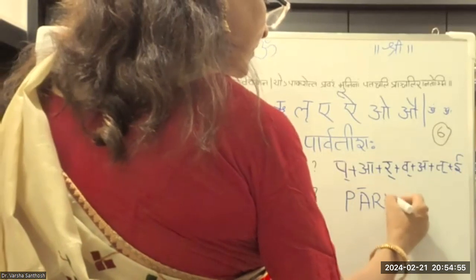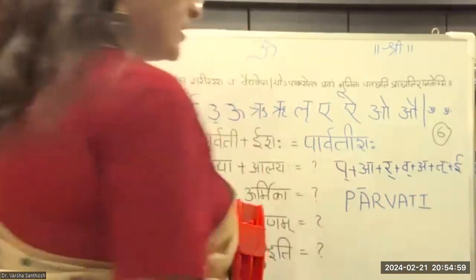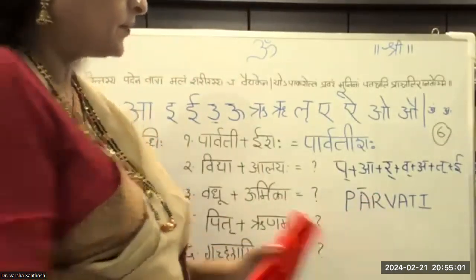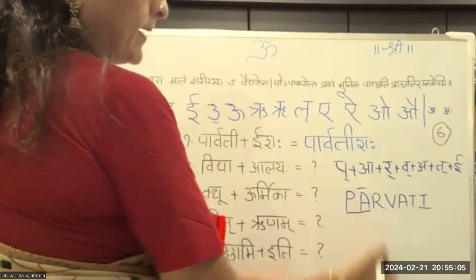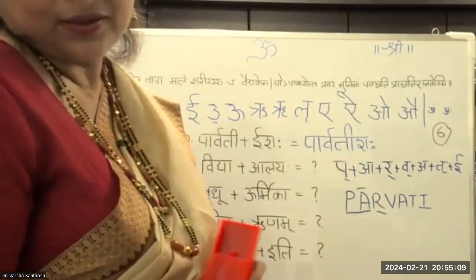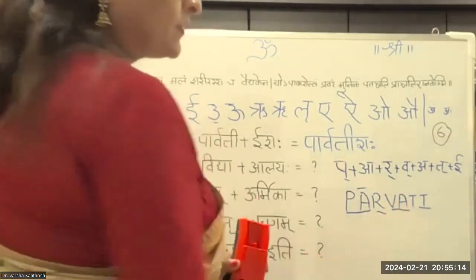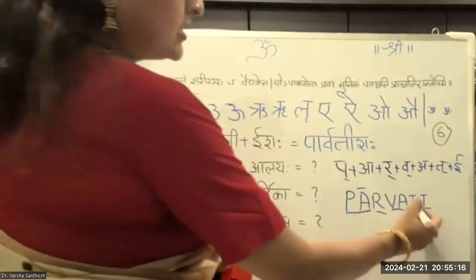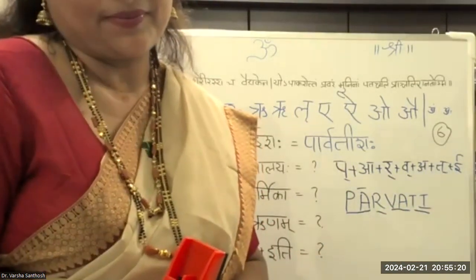Now I will tell you why. In Pa, A is there, so it became Pa. In Ra, A is there, so it's Par. In Va, A is there. In P, swara is there. I hope I have answered your question.